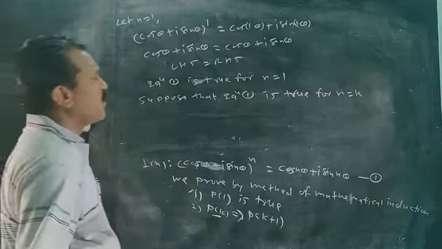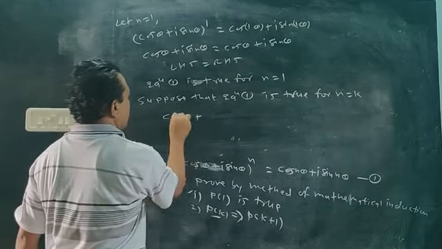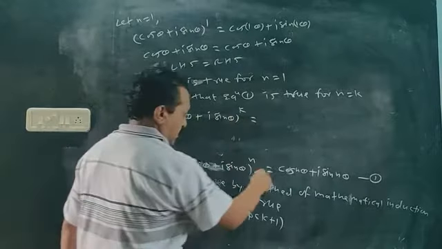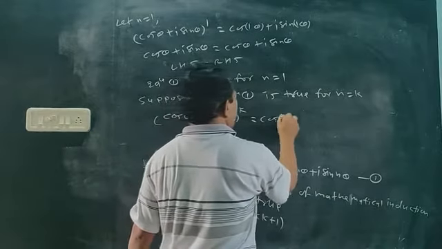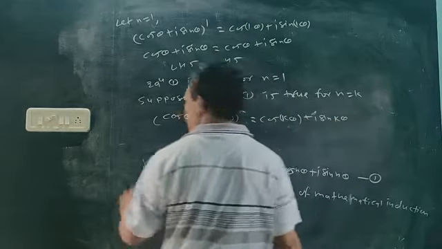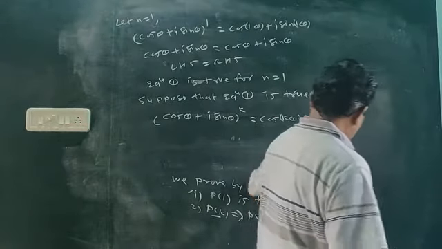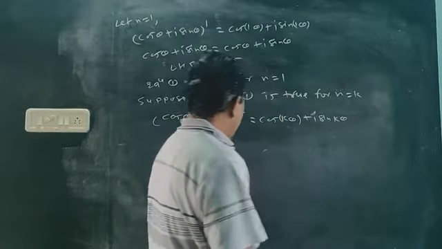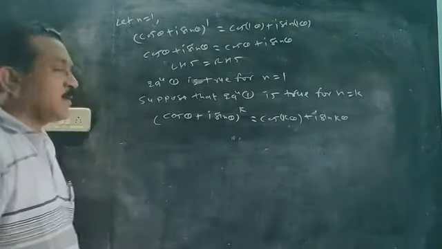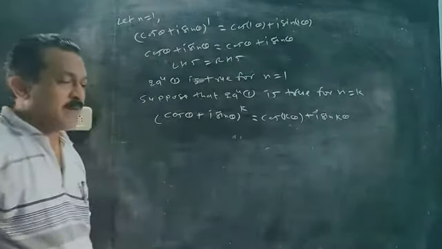So true for k means cos theta plus i sin theta raised to power k, and on the right side, cos of k theta plus i sin k theta, with k everywhere. So it is true for k, and now I want k plus 1.